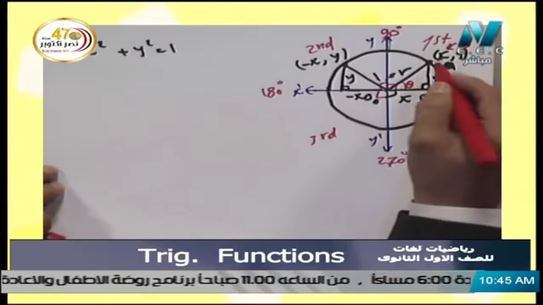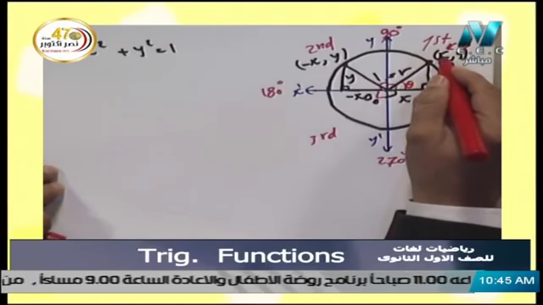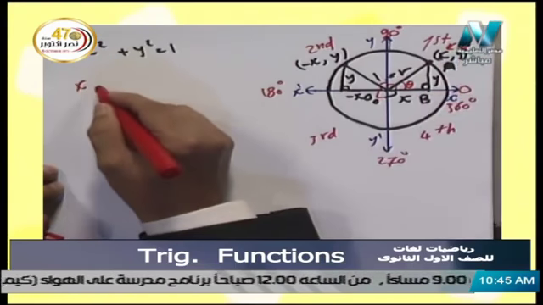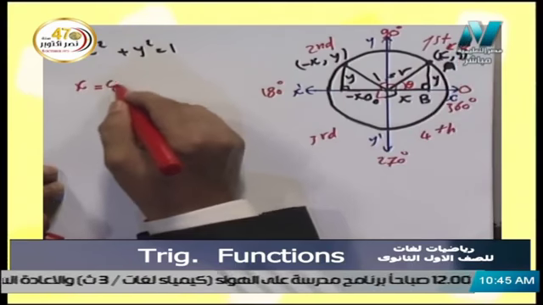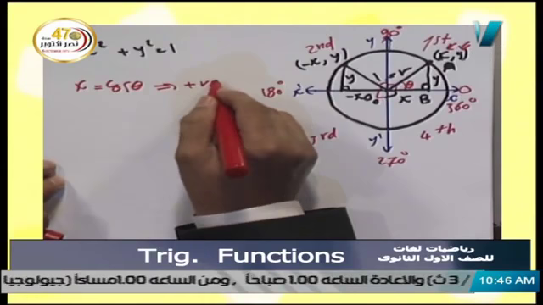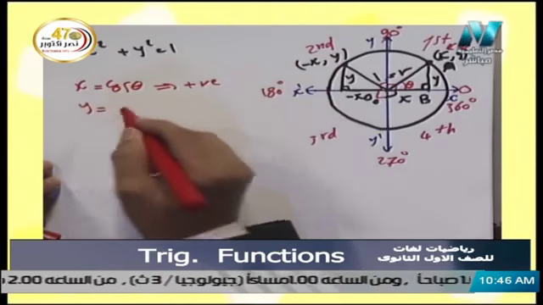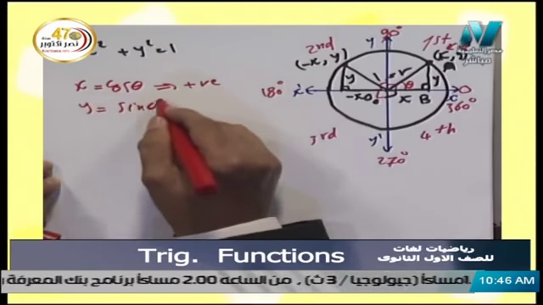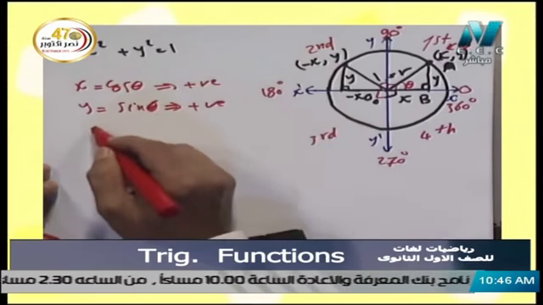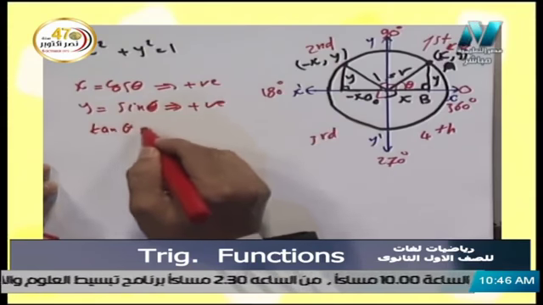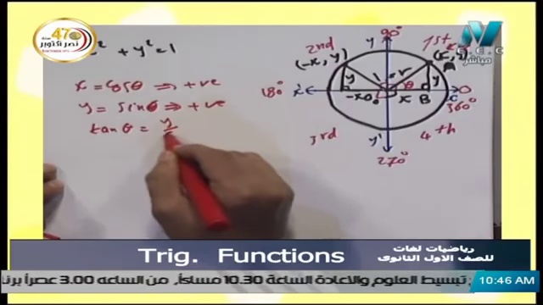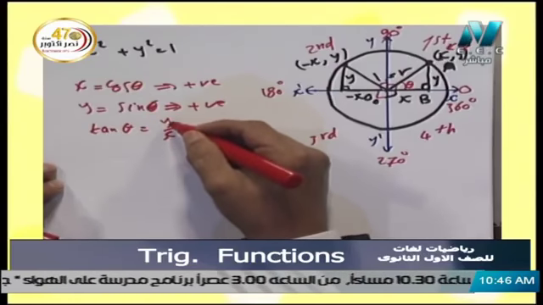So in the first quadrant, x is positive and y is positive. So x, which is cosine theta in the first quadrant, is positive, and y, which is sine theta in the first quadrant, is positive also, and tan theta, which is sine over cosine, which is y over x. Y is positive and x is positive.